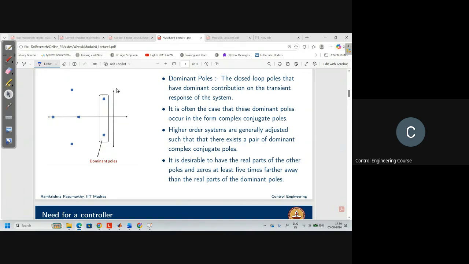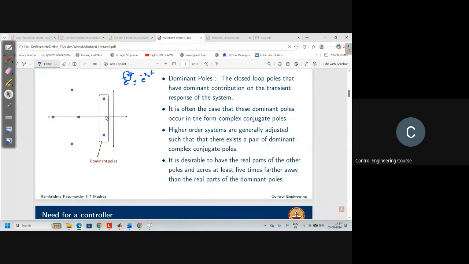Why? Because if you factorize the closed loop system transfer function and calculate the inverse Laplace transform, you will get terms like e to the power of minus x1 t and e to the power of minus x2 t, right? Here the pole location matters.